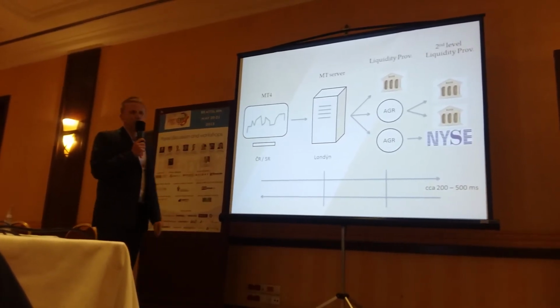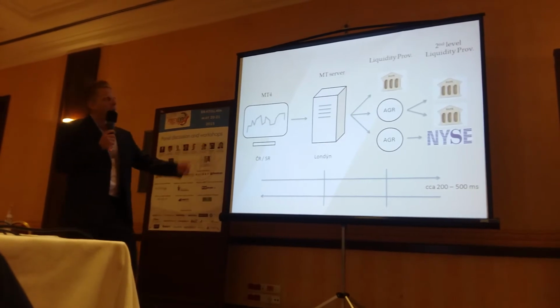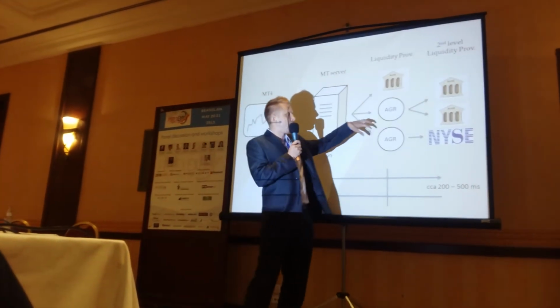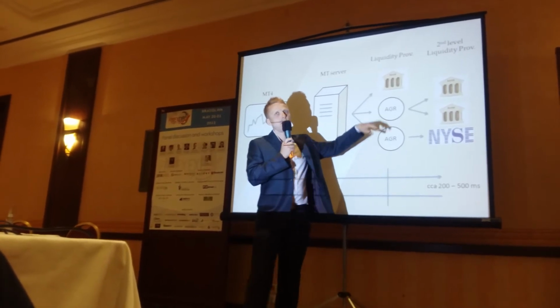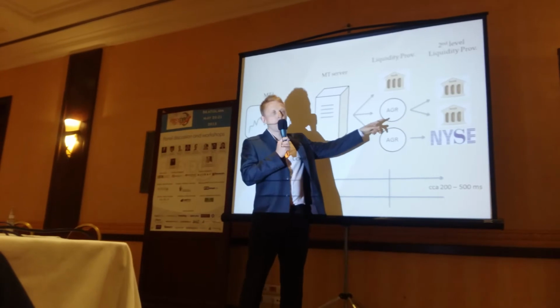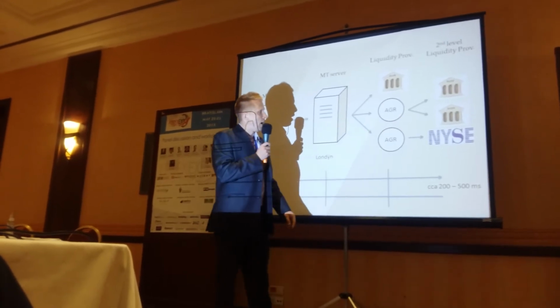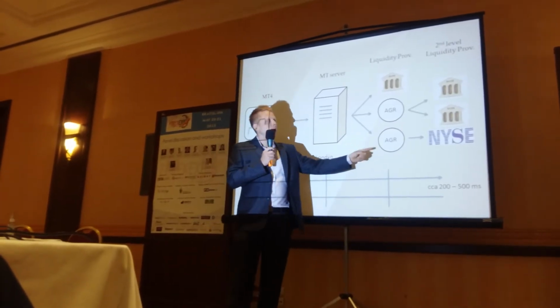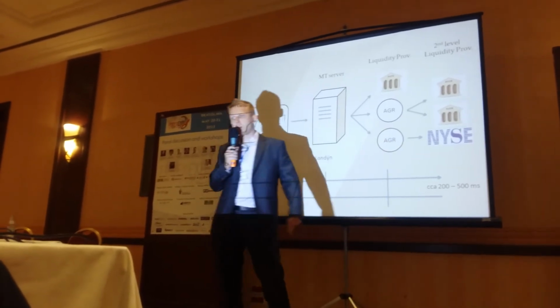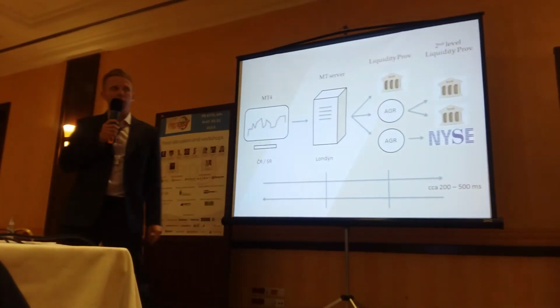We have three main liquidity providers. One of them is a bank. The other one is an aggregator, who creates something like a hub for other banks. And so this gives, for example, better execution, better market depth. And the third liquidity provider we use allows us to connect directly to, for example, NYSE or Nasdaq stock markets, stock exchanges.